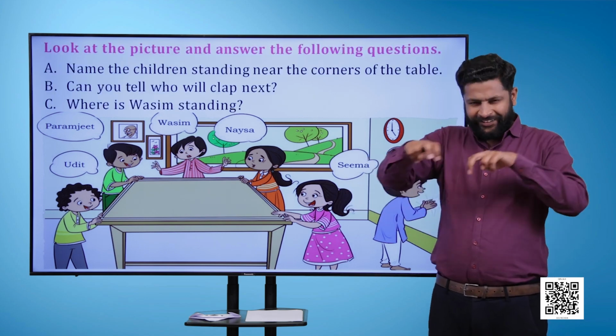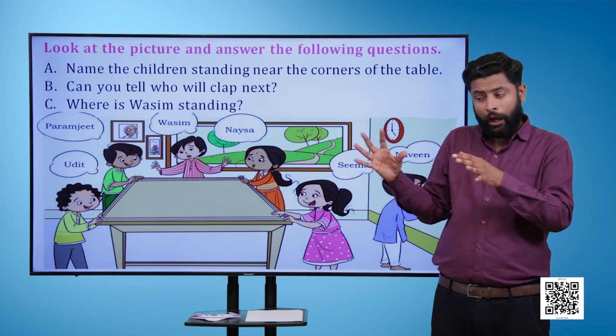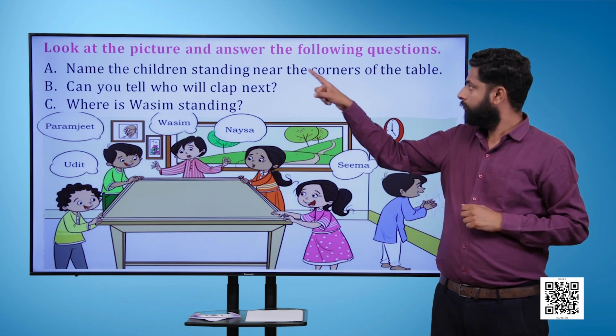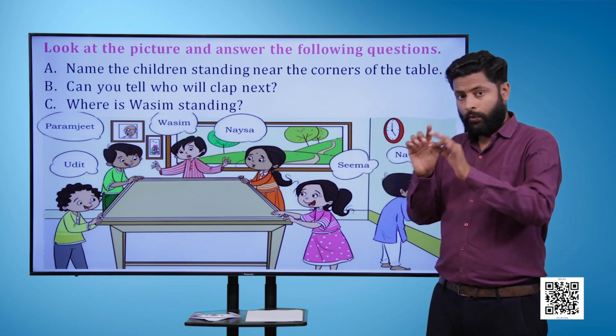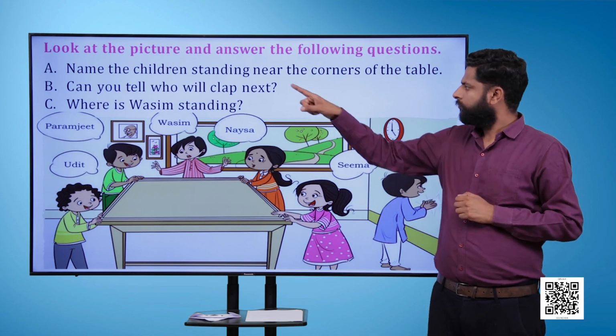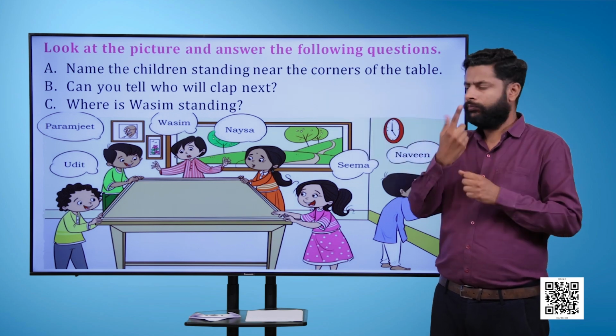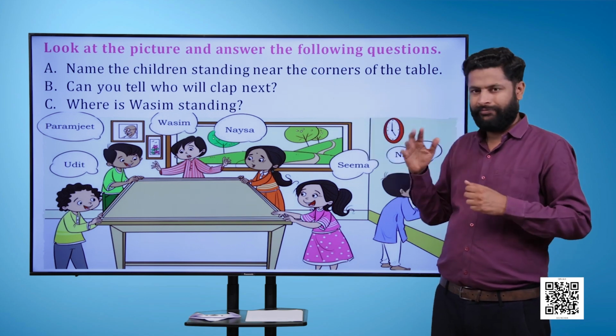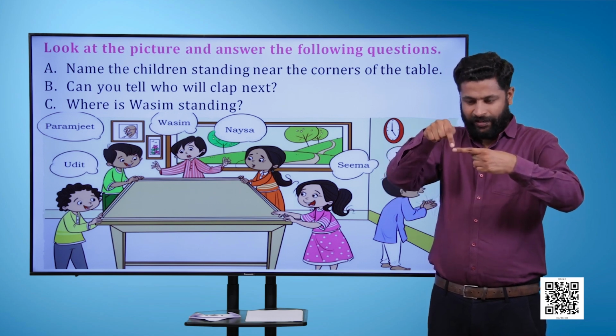Look at the picture and answer the following questions. A. Name the children standing near the corners of the table.